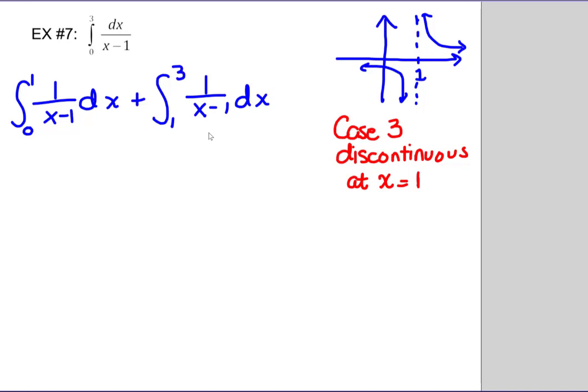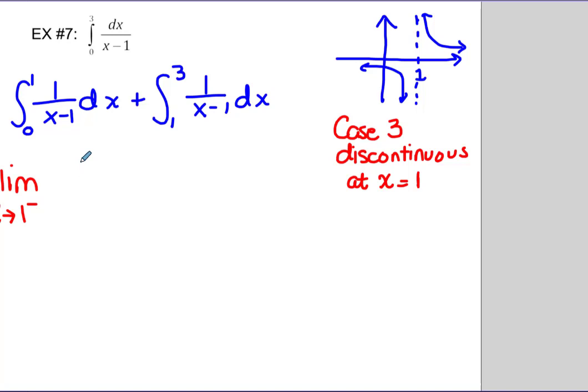Okay, so this one is continuous except for where the vertical asymptote is, and this is case 3, so we want to take the limit as c approaches 1 from the left, since 1 is where our problem is.